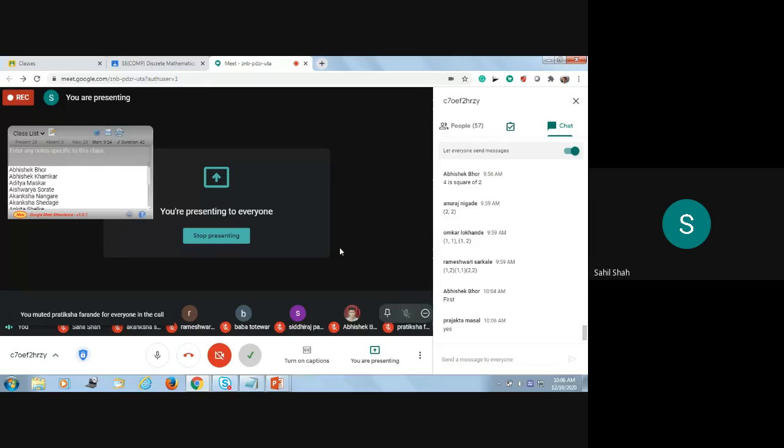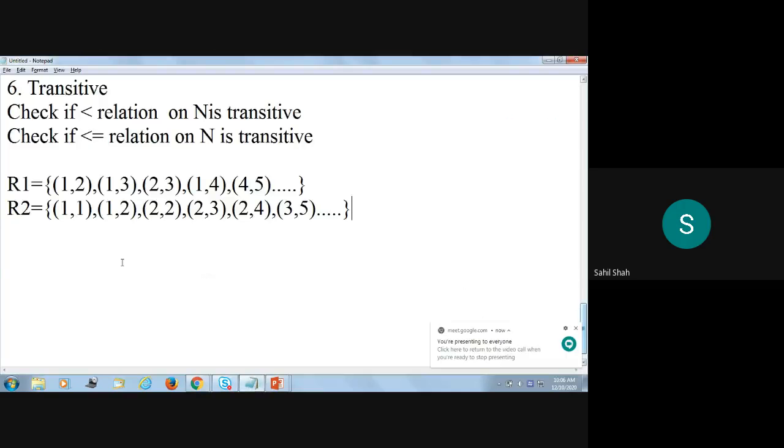Now, can you tell me? Let us say example number 2 for this transitive only. Let R be the set of A comma B such that A plus B is odd and A comma B belongs to the natural numbers. Can you tell me what type of relation R is?